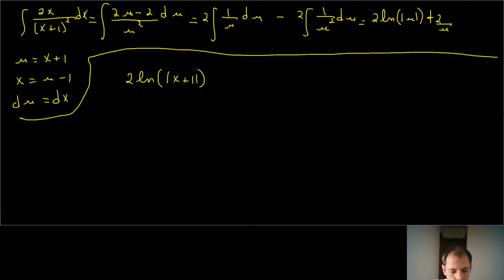I'm going to put absolute value bars here, because otherwise it's going to confuse with this operator. So you have 2 ln of the absolute value of x plus 1, plus 2 divided by x plus 1. All right? And of course you have to have a c, but never mind.